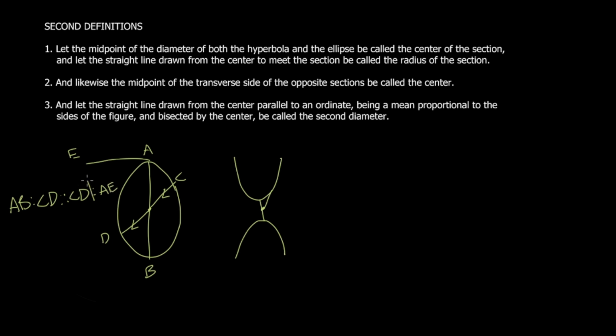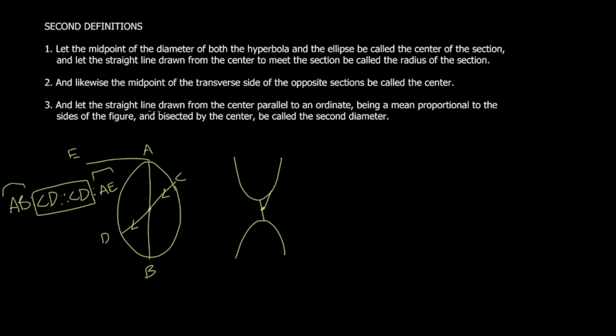So mean proportional means that it's in this middle part of the proportion between two other things. And the sides of the figure are, again, the transverse side and the upright side. Now, usually what we're doing in previous propositions is we're defining the upright side's length.